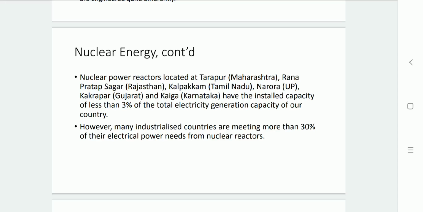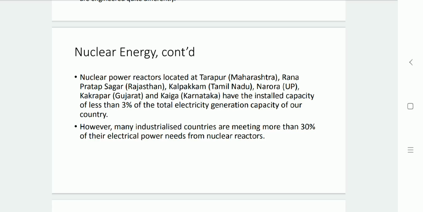Right now, the nuclear power stations in India are located at Tarapur, Maharashtra; Rana Pratap Sagar, Rajasthan; Kalpakkam, Tamil Nadu; Narora, UP; Kakrapar, Gujarat; and Kaiga, Karnataka. In these places, nuclear power stations are available.